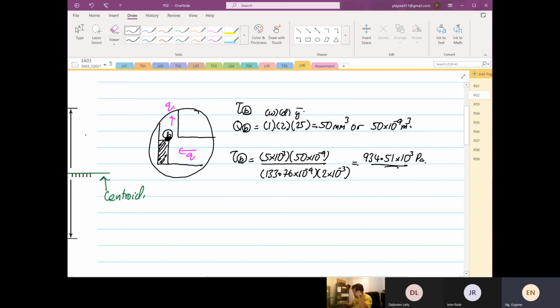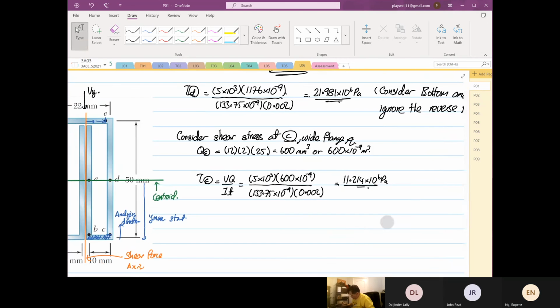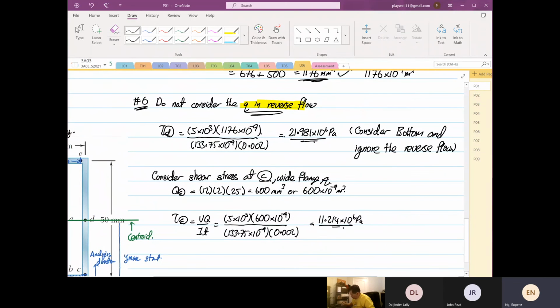So if we compare to tau max, the maximum shear stress that we have at point D, which we calculated just now, it was 21.981.